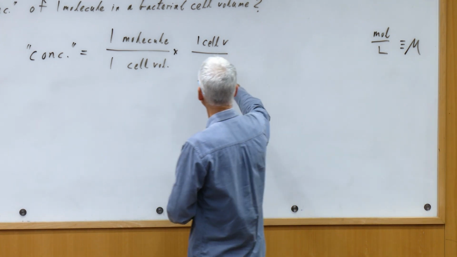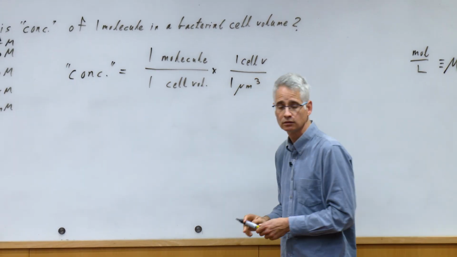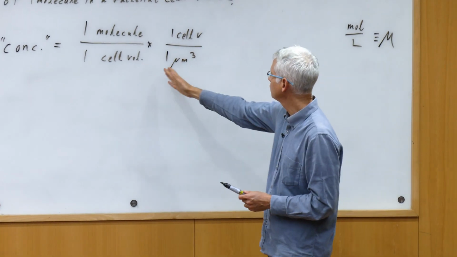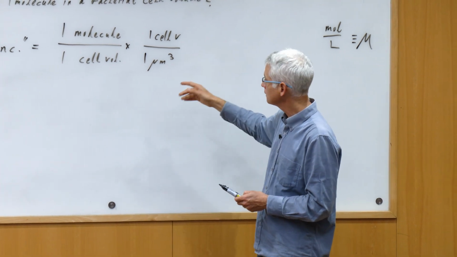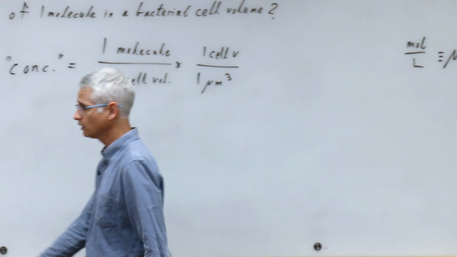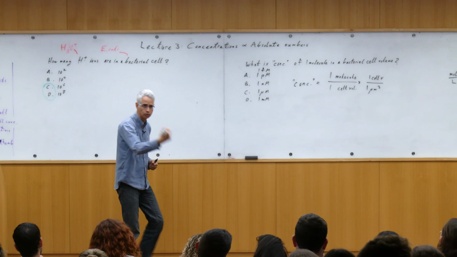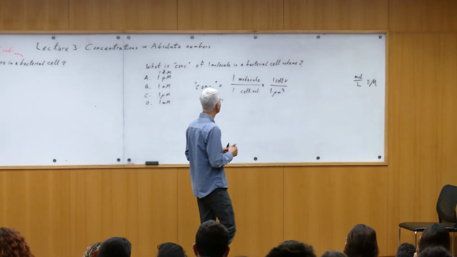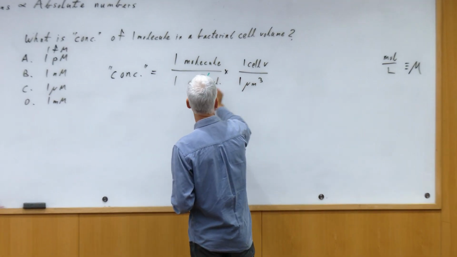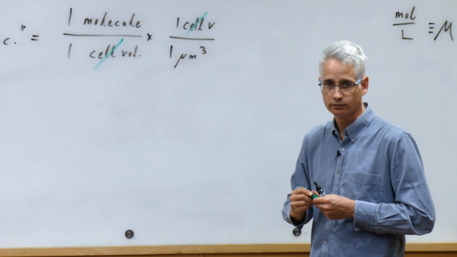So 1 cell volume is 1 micrometer cubed. You see I multiplied by 1. The nice thing is that the units here are equal. I'm doing it the long way. I know some of you can do it faster, but allow me to do it step by step. So this is going to cancel with this. And now I have 1 molecule per 1 micrometer cubed.